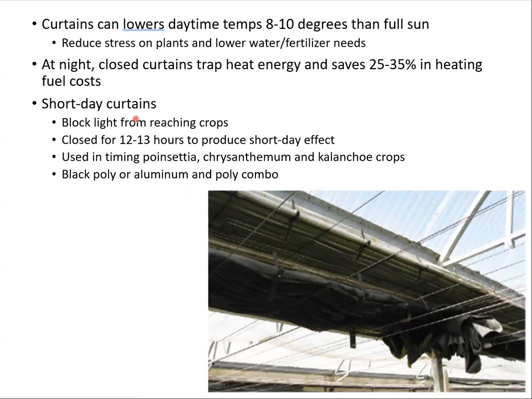Example being poinsettias. Poinsettias, we talked about the poinsettia itself being a foliage display, right? The poinsettias get that amazing foliage color, whether it's a red or a pink or a yellow or a variegated or whatever it is.